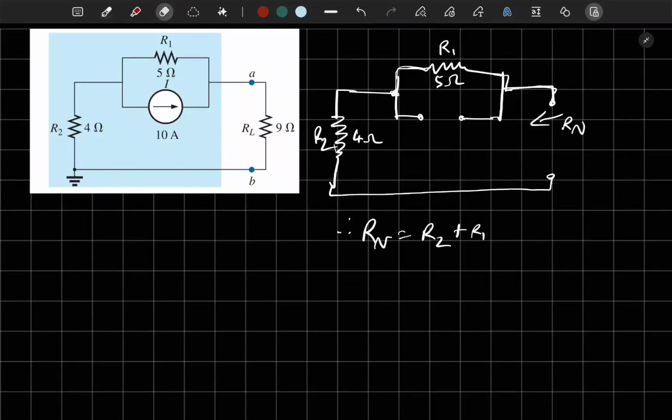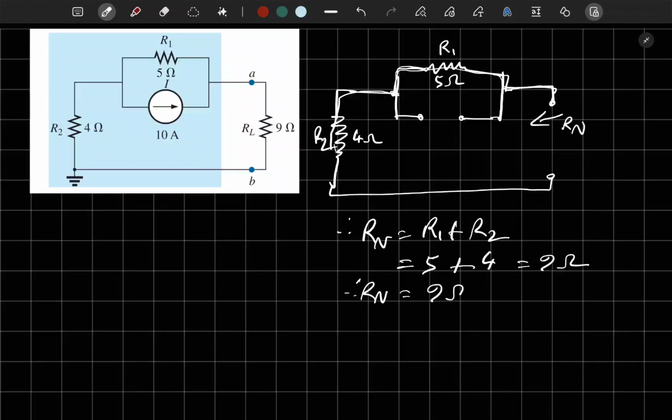So we should write it R1 plus R2 because in series. There's no change. So there's no junctions anywhere, so it's series. Now R1 is 5 ohms plus R2 is 4 ohms. That's 9 ohms. Therefore Rn equal to 9 ohm.